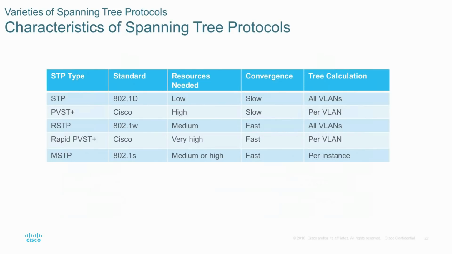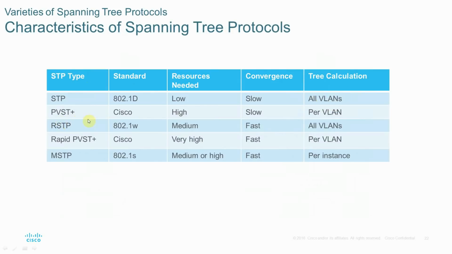If you come to this slide, you will see the characteristics of the different spanning tree protocols. STP is standard 802.1d, requires low resources, but convergence is slow, with one STP calculation for all the VLANs.